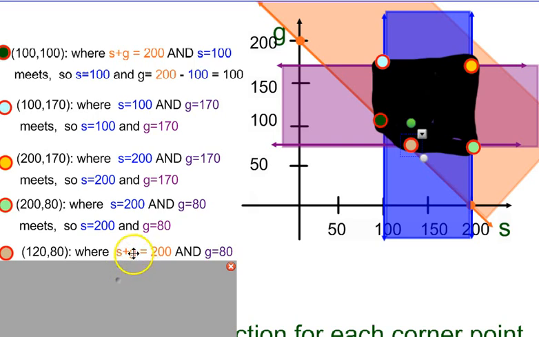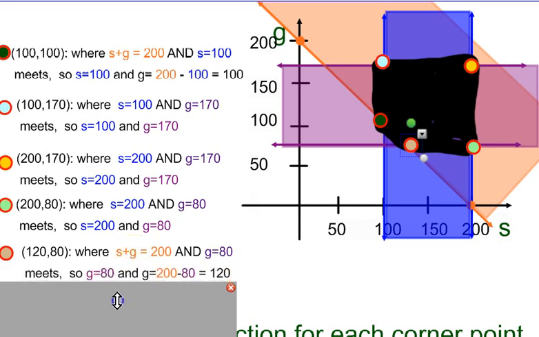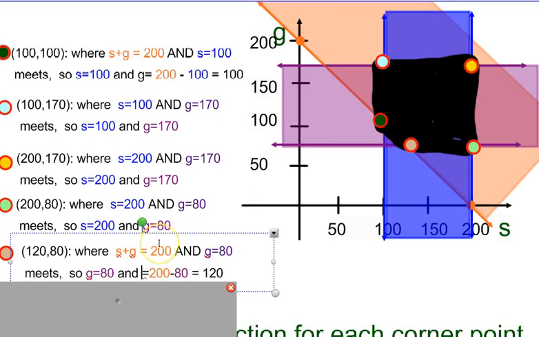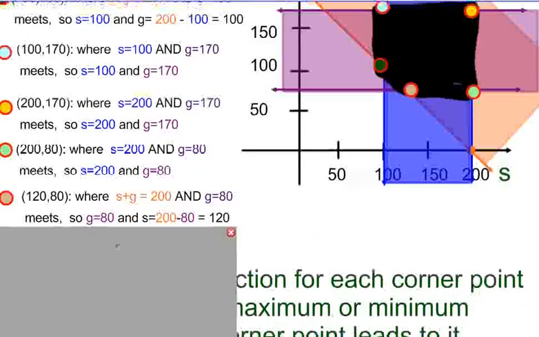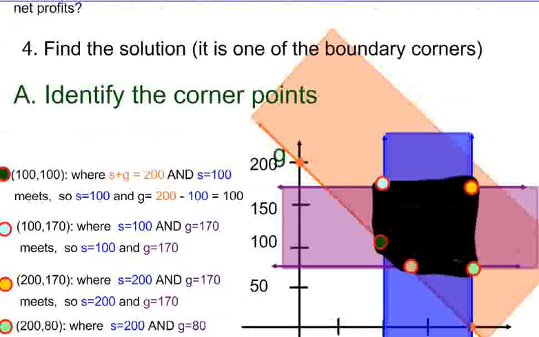So if G is 80, then in order for S plus G to be 200, we'll have that G is equal to 120. Oops, that is so wrong. That should be S. Sorry. S should be equal to 120.